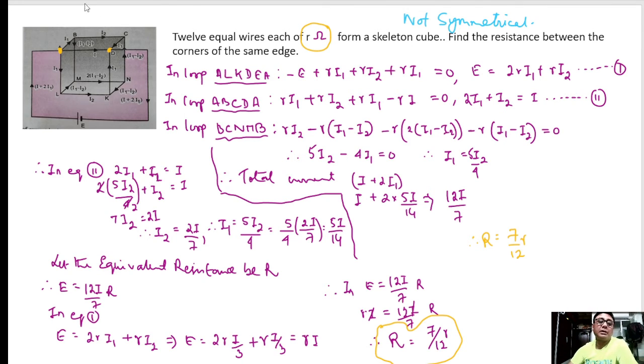This is not symmetrical. So current distribution, please watch here. It is I plus 2I1, and let I1 go to this part, and I goes to this part. Okay, this is how the distribution now starts.